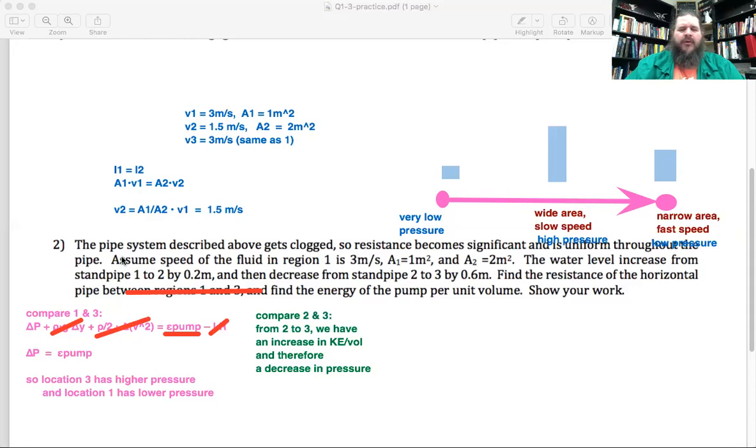But since what we really care about is the change in pressure, that's fine. So I would just convert each of these standpipe height differences to a pressure difference by doing what? How would you convert a height difference to a pressure difference? For instance, 0.2 meters of water. How would you convert a difference of 0.2 meters of water into an actual pressure difference in pascals?